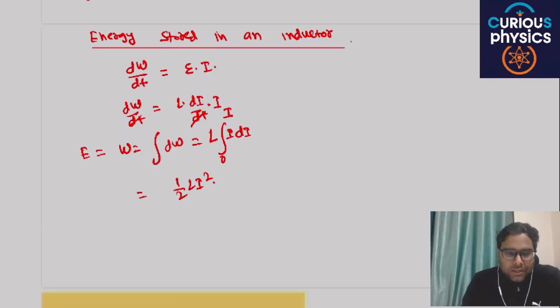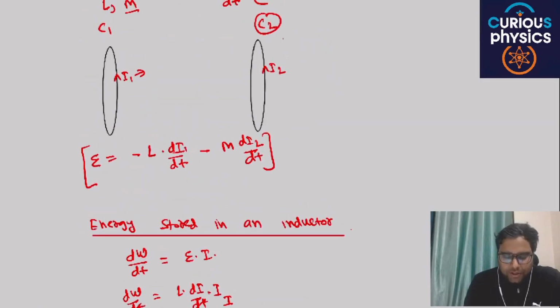Are you able to understand my point or not? This inductor is just like a moment of inertia, which tries to oppose the motion, or you can relate it to mass, which opposes the change. In the same way, inductance also tries to oppose the current in coil C1.